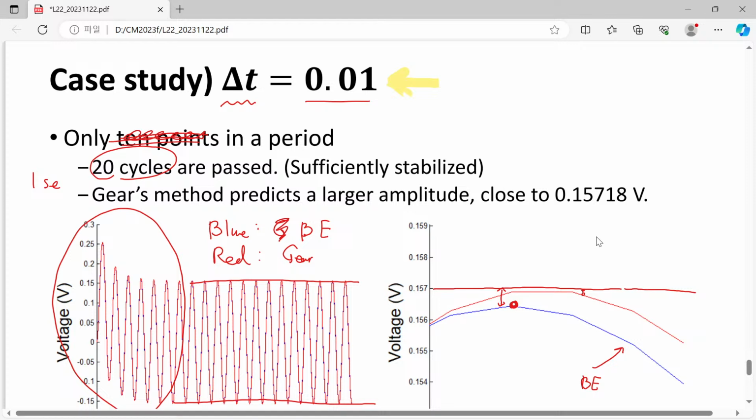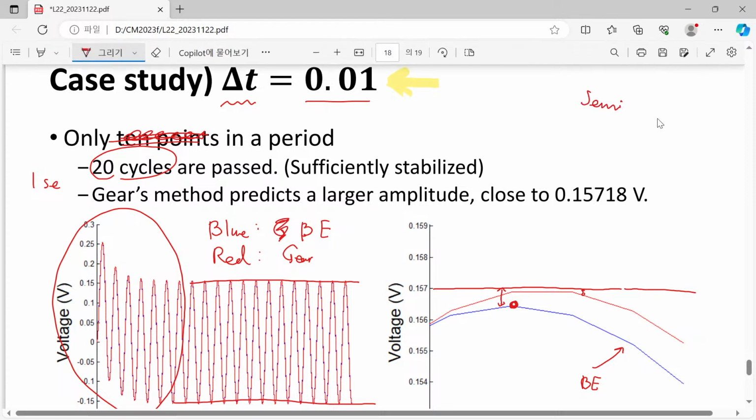Today's lecture was devoted to what? Devoted to a simple RC circuit. Why did we spend one whole lecture hour on this? Now you are much better prepared to apply this technique to the simulation of your semiconductor devices.